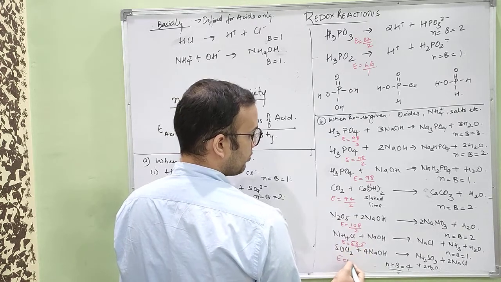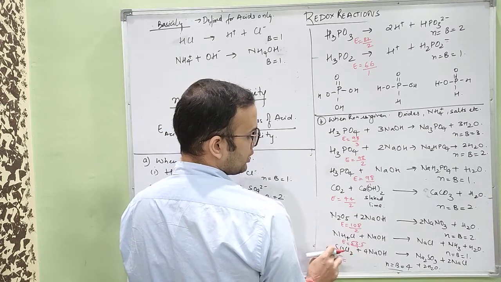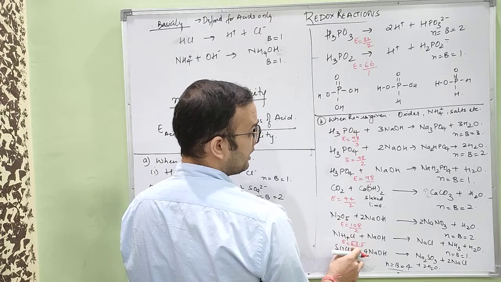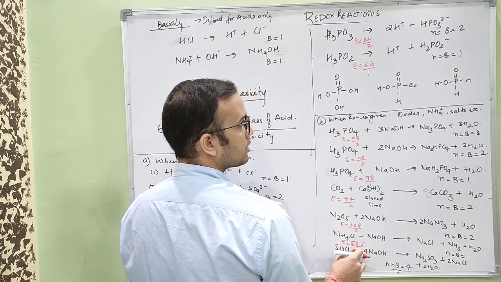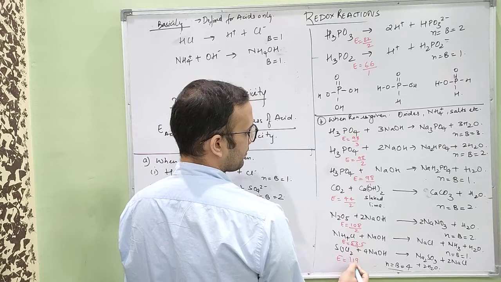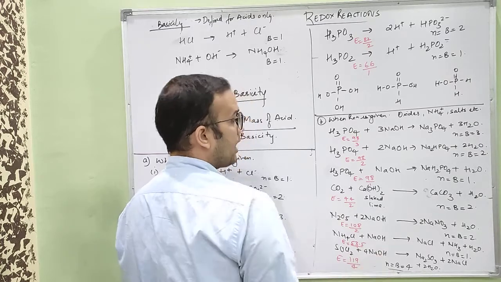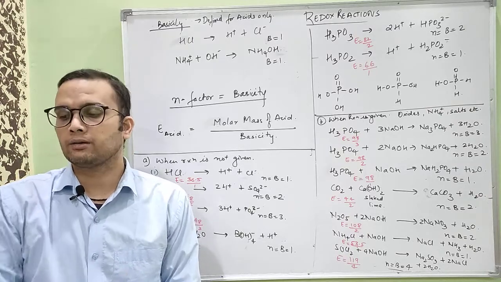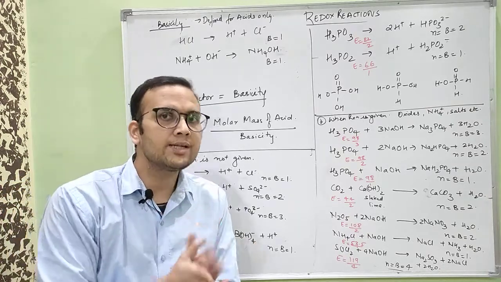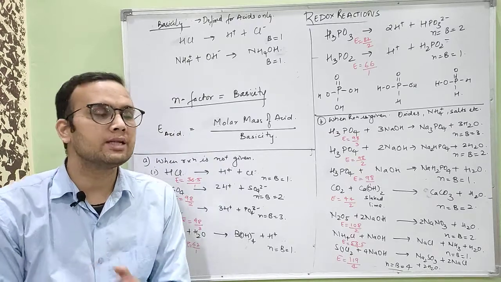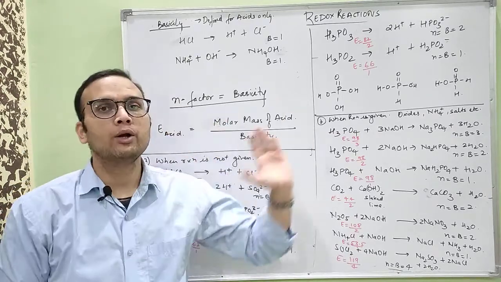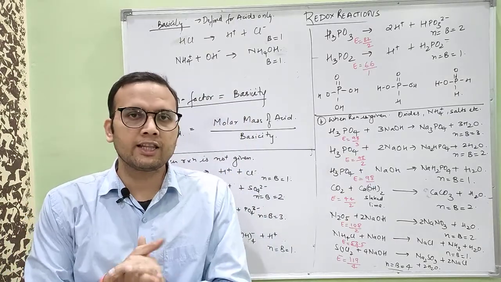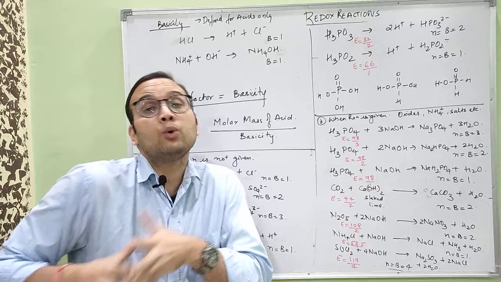And here E for SOCl2: 32 plus 16 is 48, 48 plus 71 is 119 upon 4. So just by calculating the acidity or basicity, we can get an idea of what N is, and if we get an idea of what N is, we will be able to calculate the equivalent weight. Let's first calculate N factors and then calculate equivalent weights.